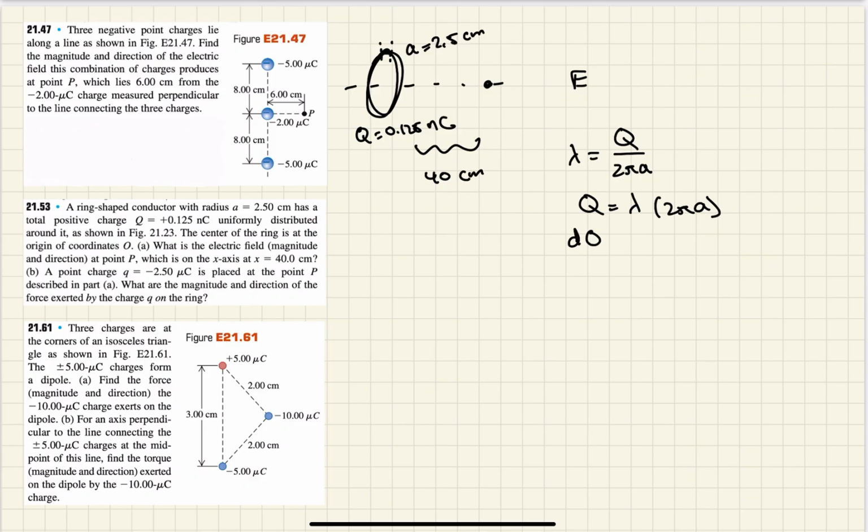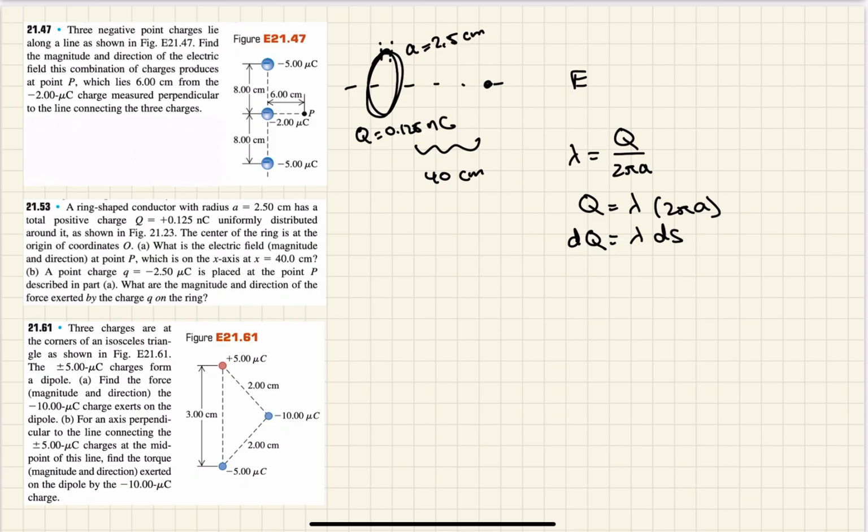So an infinitesimal segment on the surface would be just ds. We said that before. ds is the length of the segment on that surface. And so dq, that tiny portion of charge that corresponds to ds, is equal to lambda times ds, which is very useful for us.